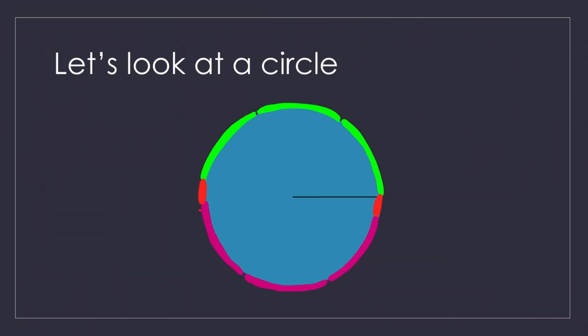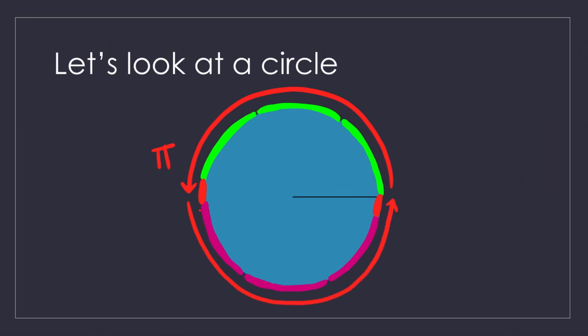Fun fact, this is actually going to be 1 pi. So to get all the way around the circle would be 2 pi, 2 pi of the radiuses. So 2 pi radiuses fit around the edge of the circle.